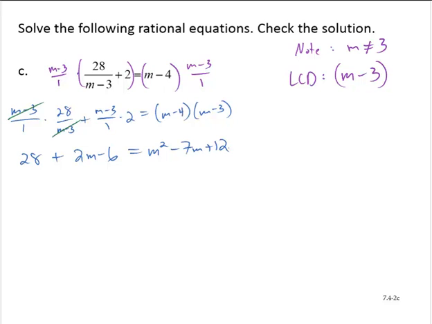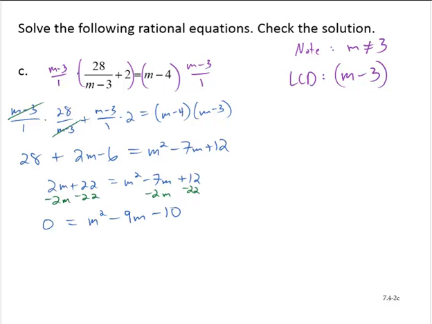Alright, I can still simplify the left-hand side as 2m plus 22, and the right-hand side is m squared minus 7m plus 12. So I notice that this is quadratic in terms of m, and so I'll solve it by getting one side to 0 and using factoring. So let's subtract 2m from both sides, and let's subtract 22 from both sides. And this yields 0 is equal to m squared minus 9m minus 10.